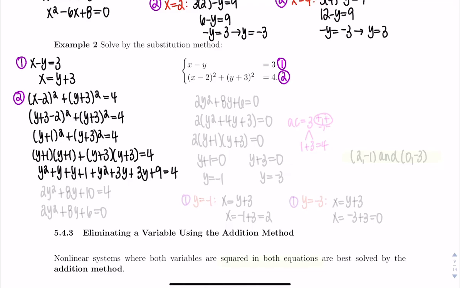Let's go ahead and combine like terms. And so we get 2y squared plus 8y plus 10 equals 4. And let's go ahead and set this equal to 0 as well. And so that's 2y squared plus 8y plus 6 equals 0.